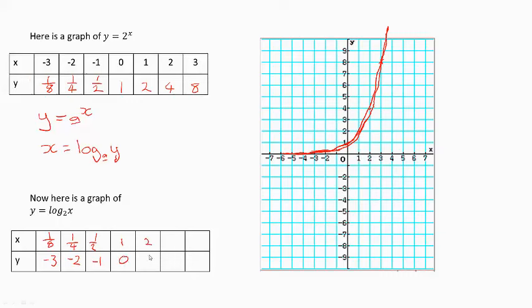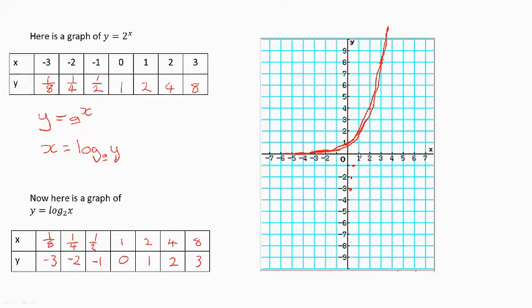When x is 2, y is 1. When x is 4, y is 2. And when x is 8, y is 3. Let's try and draw that on our graph. When x is 1/8, y is minus 3. That's down here somewhere. When x is a quarter, y is minus 2. When x is a half, y is minus 1.